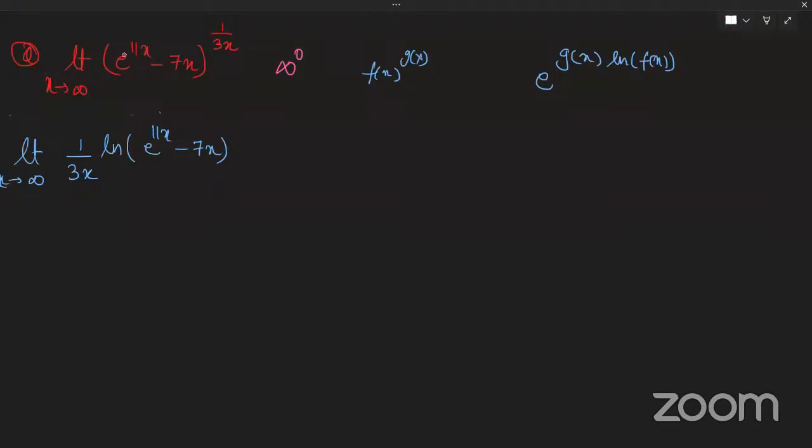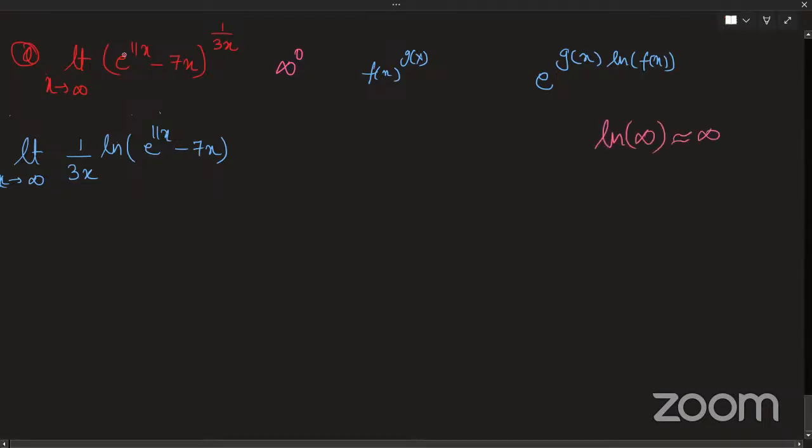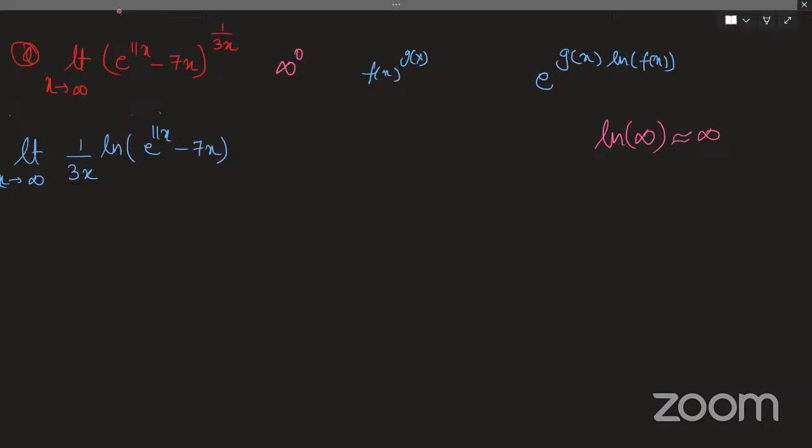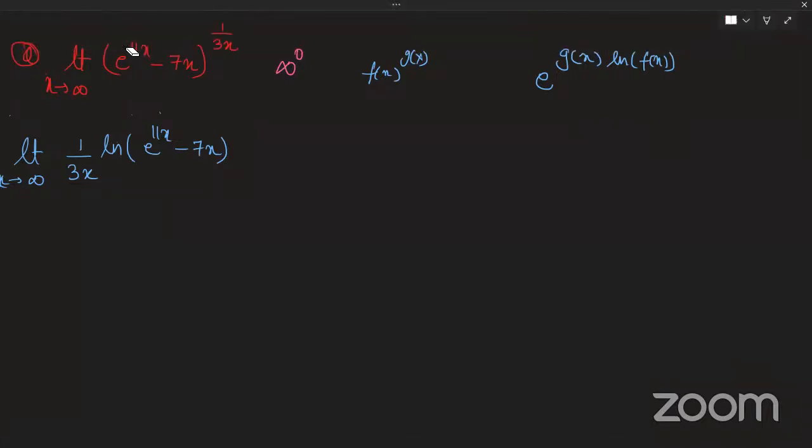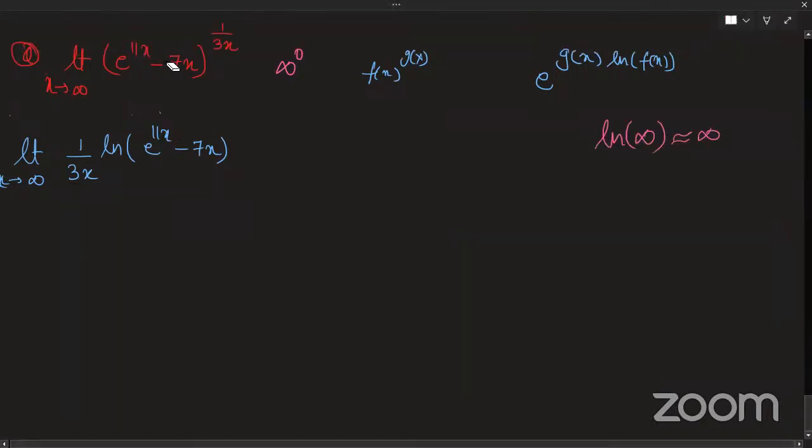Why is it 0? If your x is tending to infinity, where is your e raised to 11x minus 7x tending to? Infinity. Okay, what is ln of infinity? Natural log of infinity will tend to infinity only. Correct.